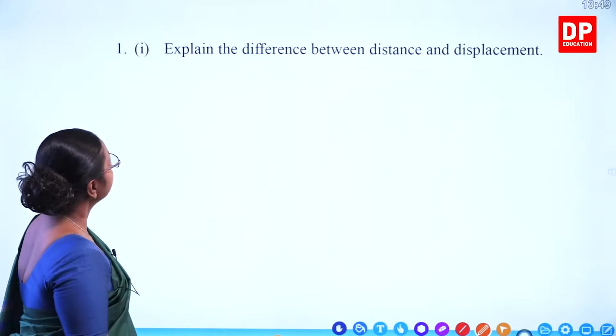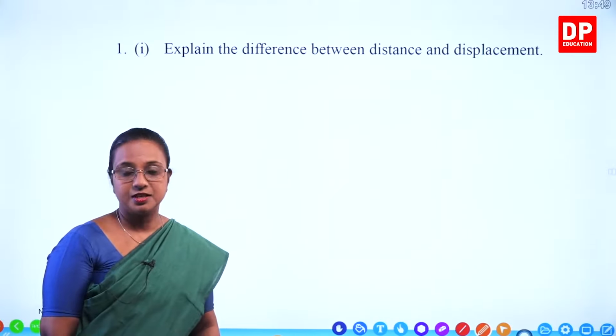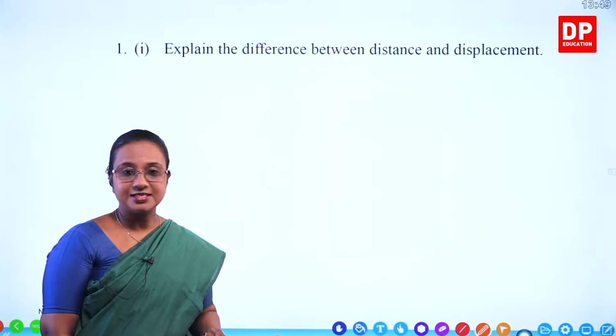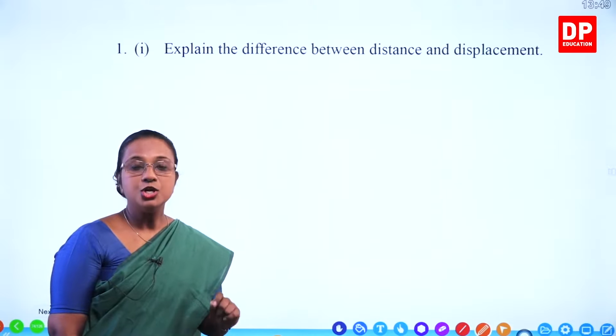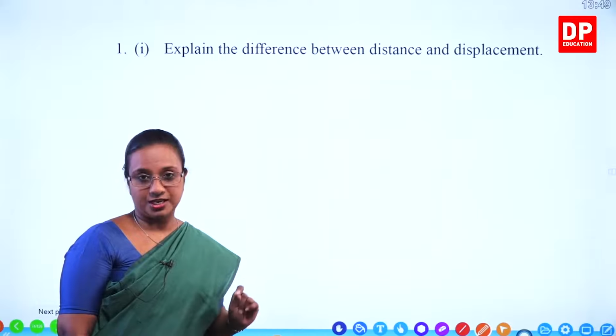The first one, explain the difference between distance and displacement. You all know the answer to this? Yes, distance is the length of the path traversed by an object.